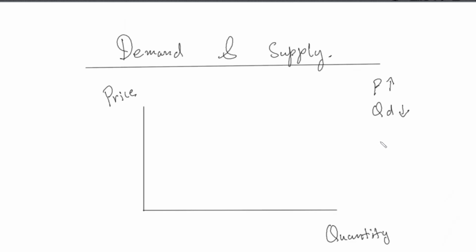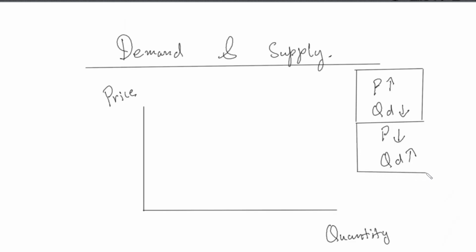This is an inverse relationship. And when price decreases, the quantity demanded increases. Please remember this rule. Okay, there's an inverse relationship between price and quantity demanded.